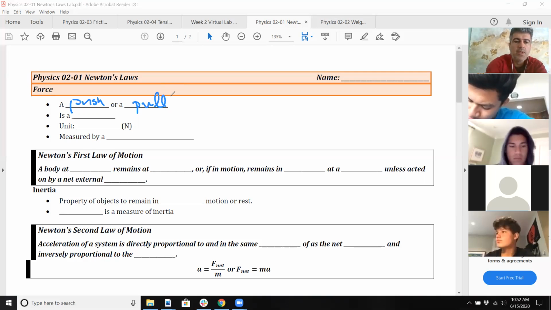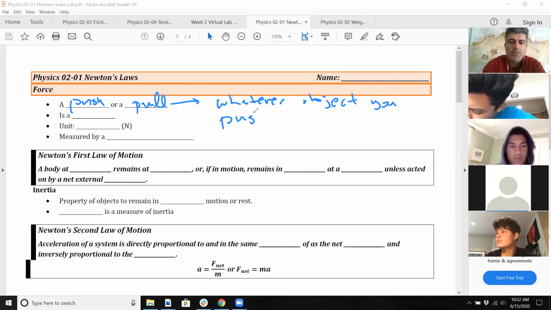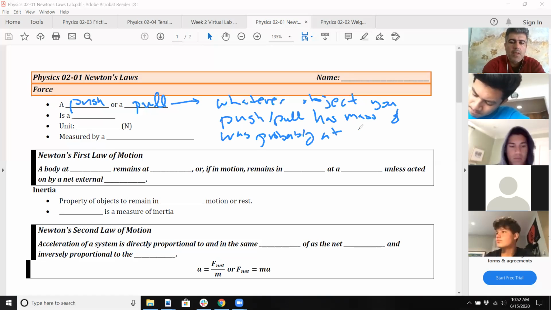So there's acceleration. So think of it this way: whatever object you push/pull has mass and was probably at rest before you pushed/pulled it.